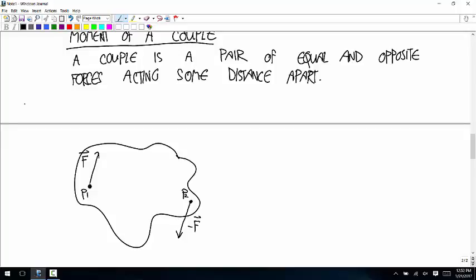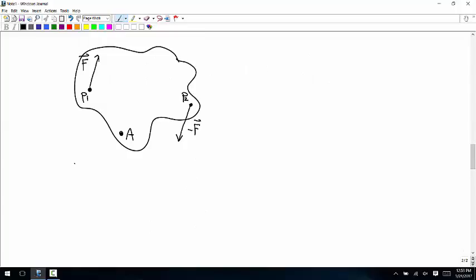And I'm going to choose an about point A. I'm going to calculate the moment produced by each one of these forces, and add them together to get the total moment produced by this couple. And we're going to see that the A disappears. So let's say this is the about point A. And I'm going to show the dependence on A cancels out when you add up these moments.